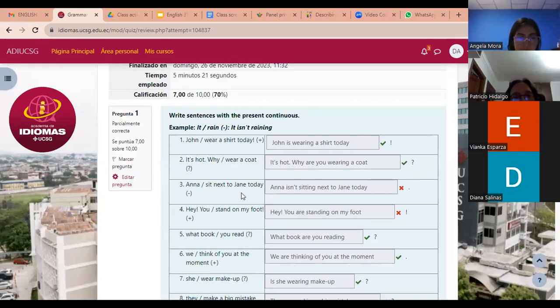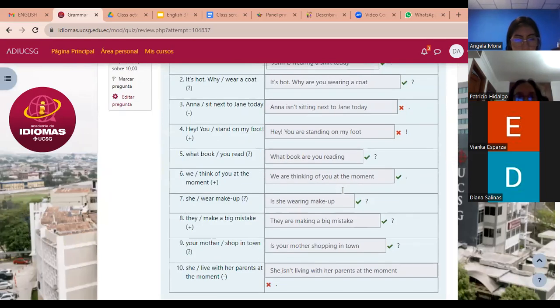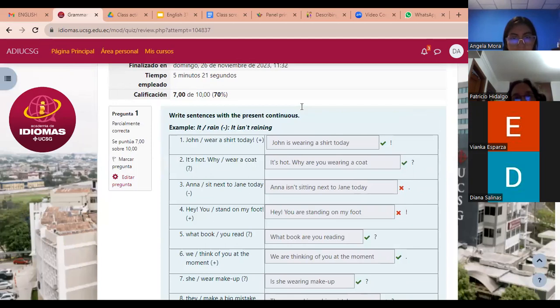Anna isn't. Es por el apóstrofe, a mí también me pasó eso. But I think the apostrophe is fine. No, es que al parecer aquí en esta es como apóstrofe recto, y el ejemplo está como que inclinado y yo lo puse recto, ¿verdad? Pero usualmente es al revés.